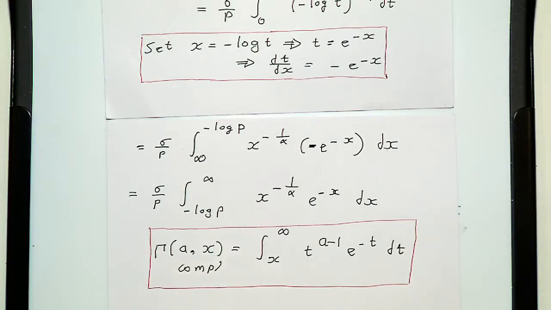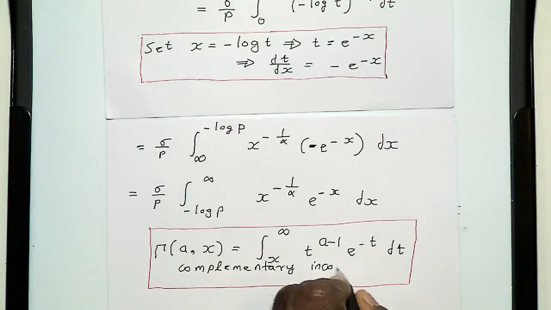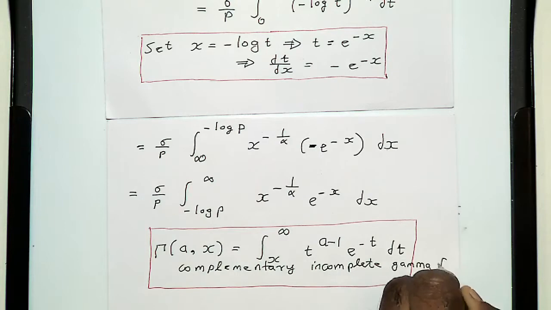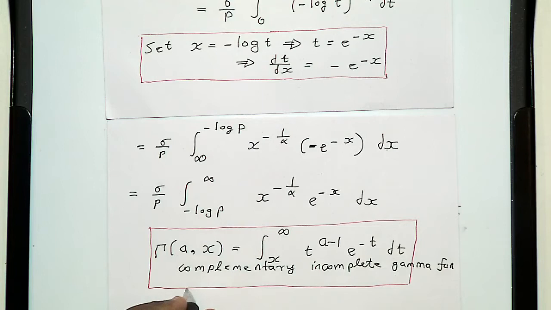That's what matters. Some people call it the complementary incomplete gamma function, and some people call it the lower incomplete gamma function.